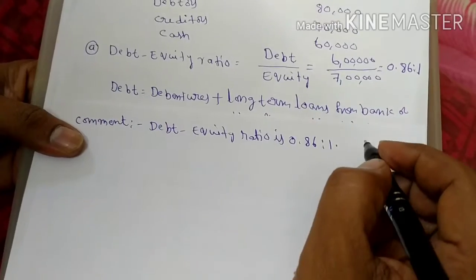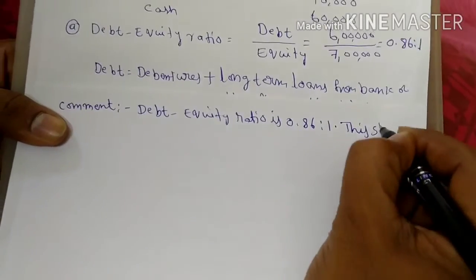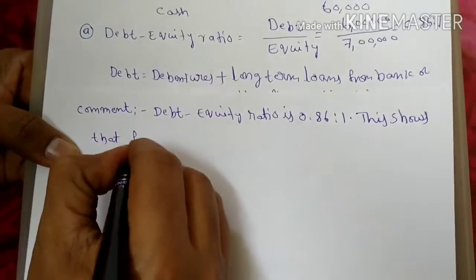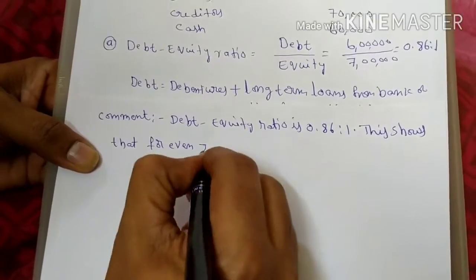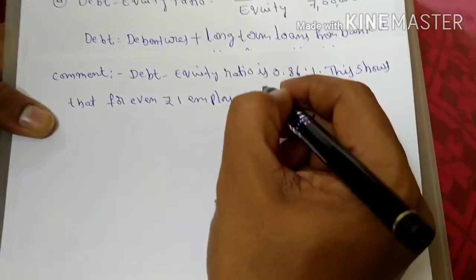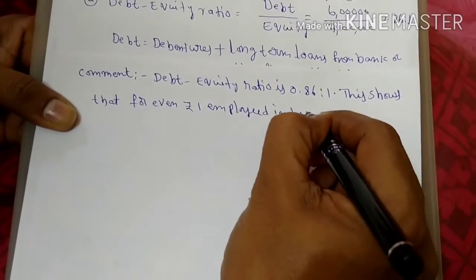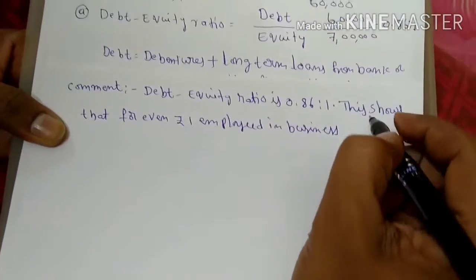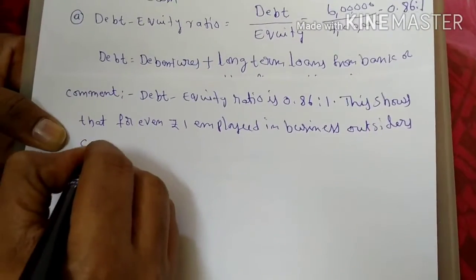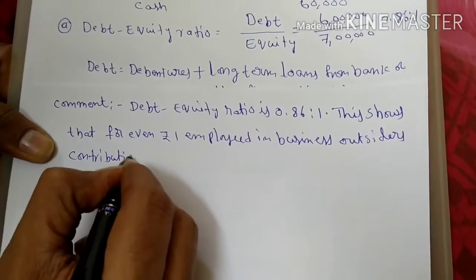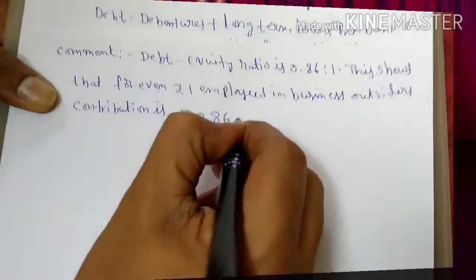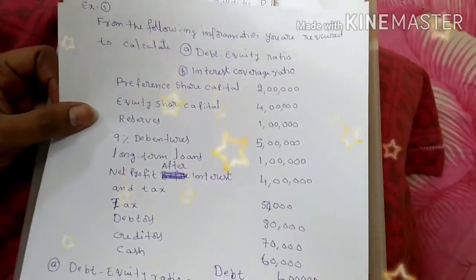This shows that for every rupee employed in the business, the outsiders' contribution is 0.86 rupees.